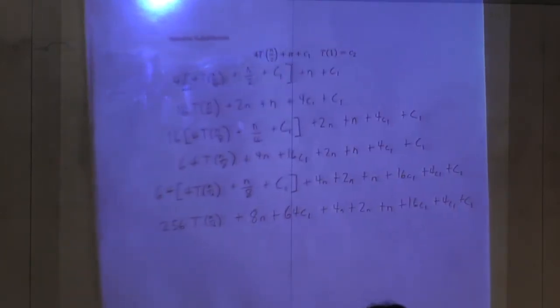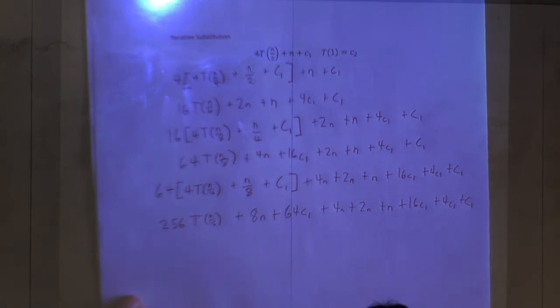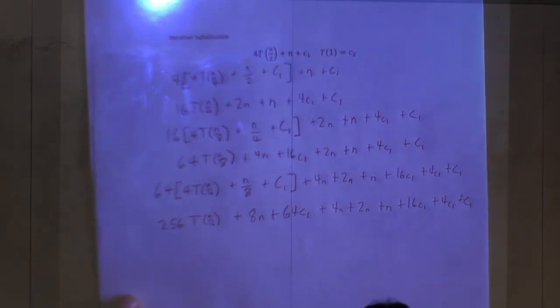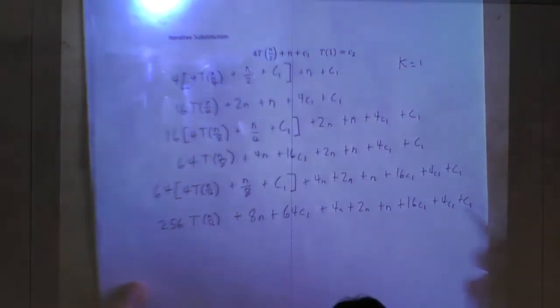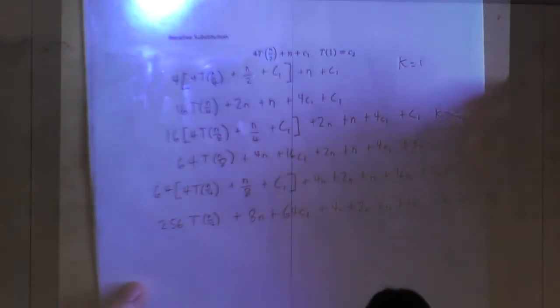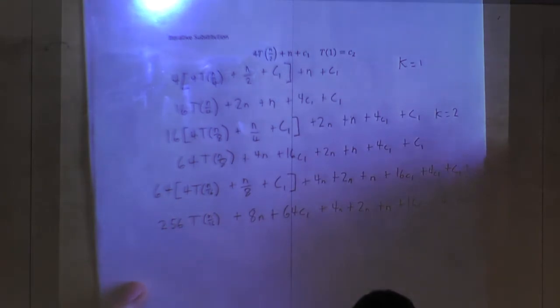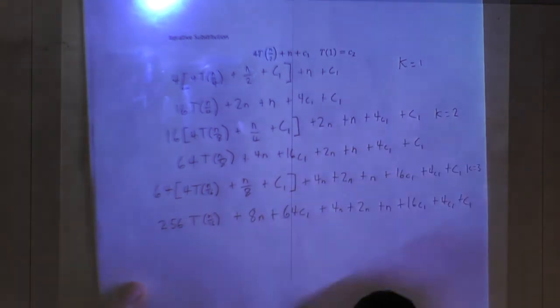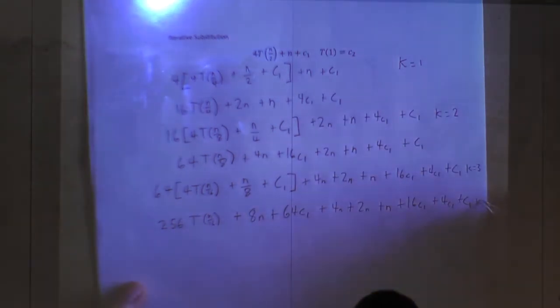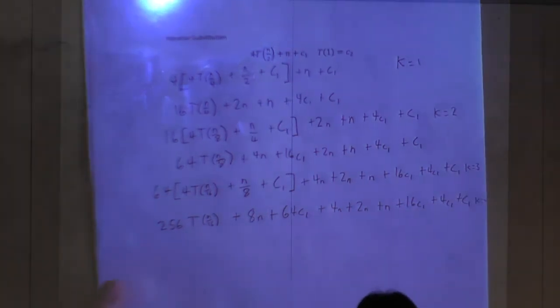Okay. Now, what we're going to do is look for the pattern here, right? So in general, what does it look like we have? For here, we can just say k is 1, so we had one iteration. And then when we come down here, k is 2. Then when we come down here, k is 3. And then we'll come down here and say this is k equals 4. So essentially, we want to look for a pattern in terms of k.